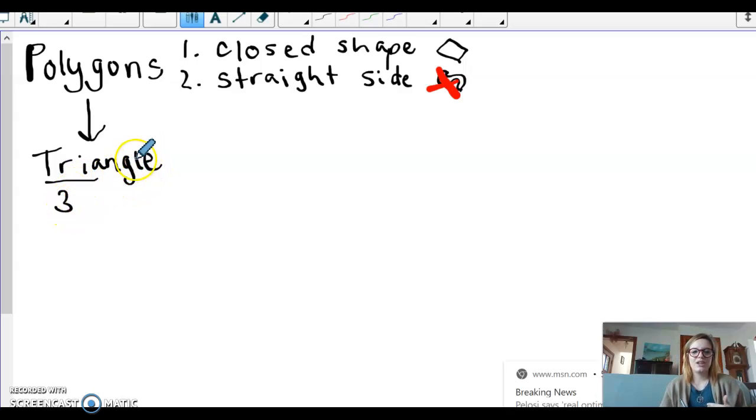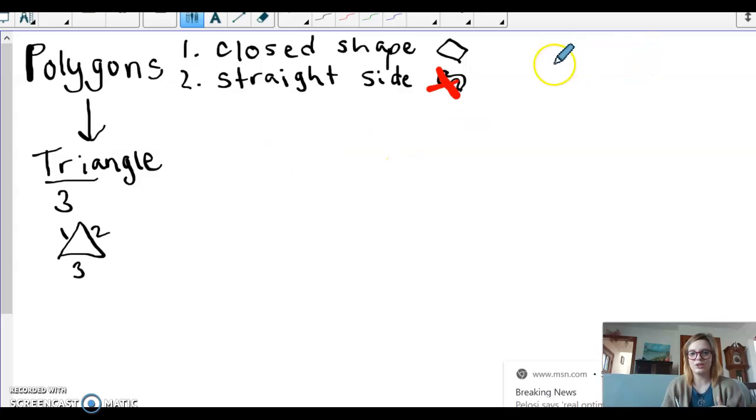So when you have 3 angles, 3 is my magic number for the triangle shape. Many of us know this triangle the best. And we can see it's got 1, 2, 3 sides.